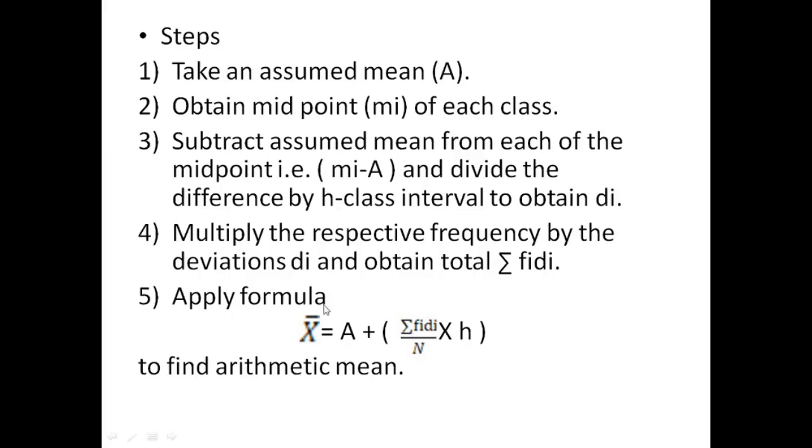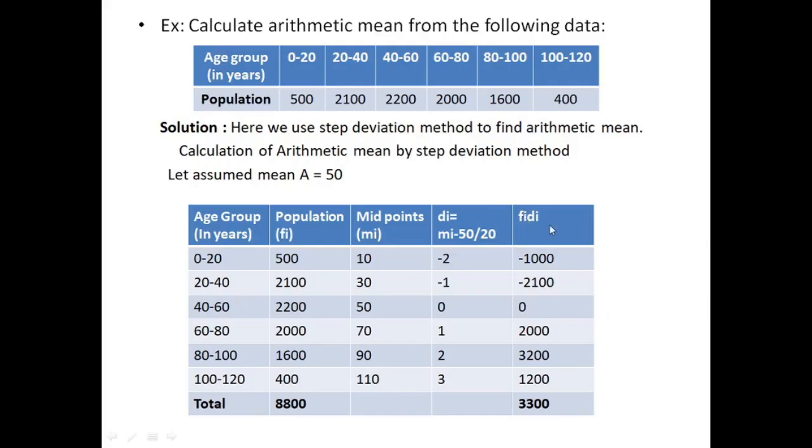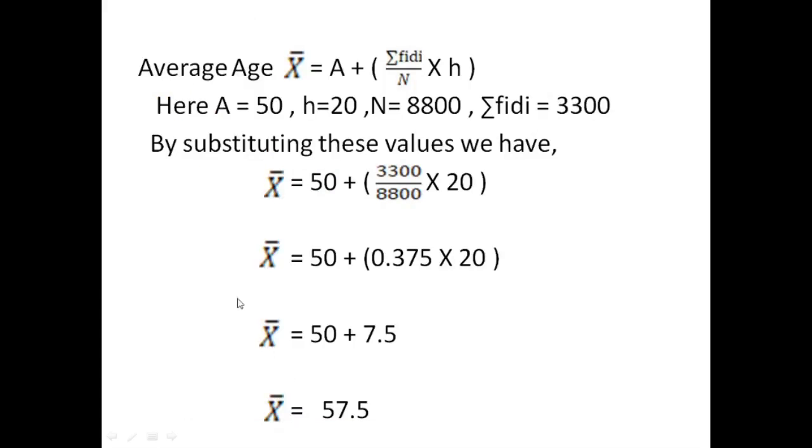The next step is to apply the formula x bar is equal to a plus summation of fi di upon n into h. Since we already know all these terms, summation of fi di means the sum of this column, that is minus 1000 plus minus 2100 plus 0 and so on, which is equal to 3300, and summation of fi means the sum of this column, which is equal to 8800.